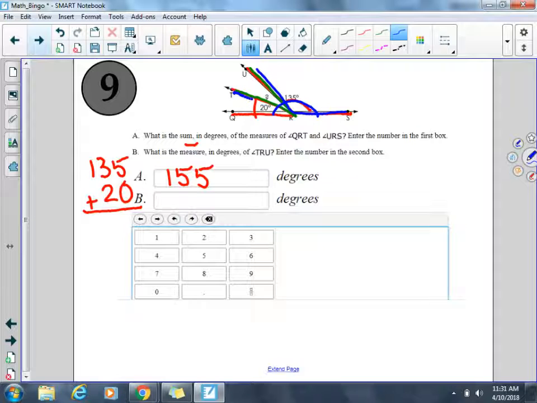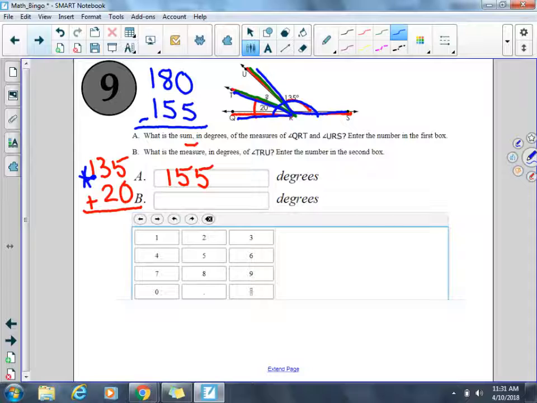I know this part here is worth 20. I've got to figure out what's missing from 180 degrees. So if I can get rid of some of the parts I know, that means I'm going to take 180 degrees. I'm going to get rid of the angles I know. I could do them separately, but I already solved how much they were all together. So I can get rid of, or I can subtract the parts I already know.